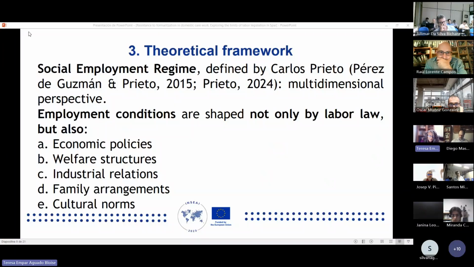We complement this with the concept of the social employment regime developed by Carlos Prieto. This framework emphasizes that employment conditions are determined not only by labor law, but also by welfare policies, migration regimes, industrial relations, family arrangements, and cultural norms.